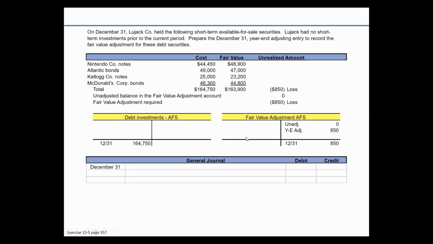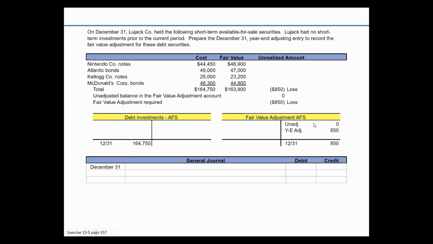They show here the T accounts to show that. So we have a $164,750 debit in the debt investments AFS account. But we have to go ahead and make an adjusting entry over here in our fair value adjustment AFS account for $850, and that is for the loss.